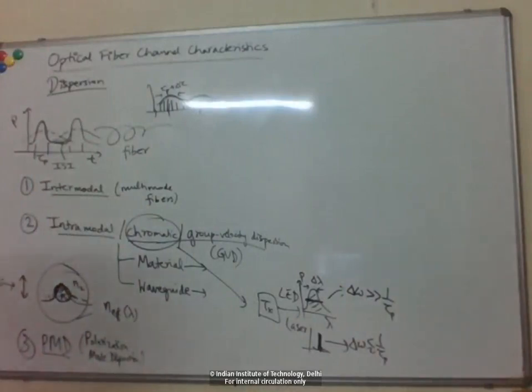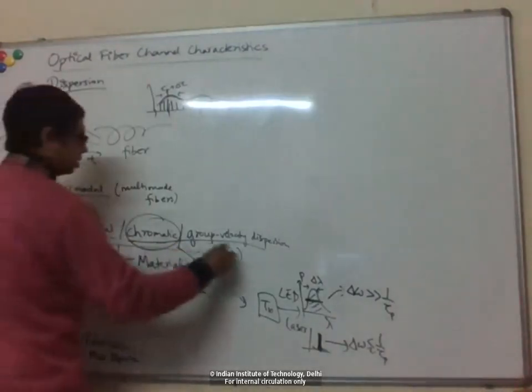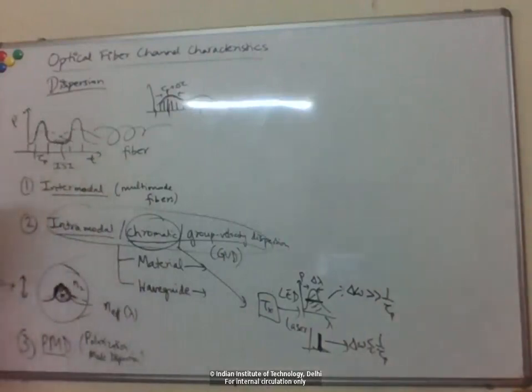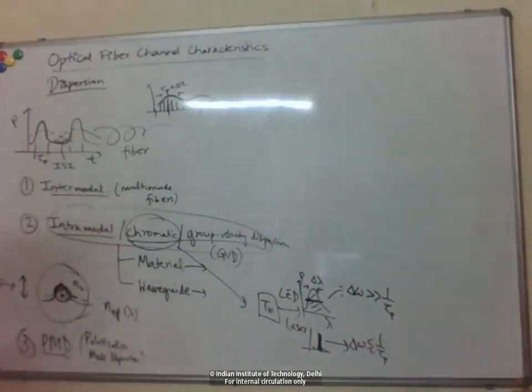Okay, so these are the mechanisms by which dispersion happens, right? So again, we'll quickly go through each of these. The most important is basically this chromatic group velocity dispersion, because in modern day links we use only single mode fibers, so we don't have intermodal dispersion, right?